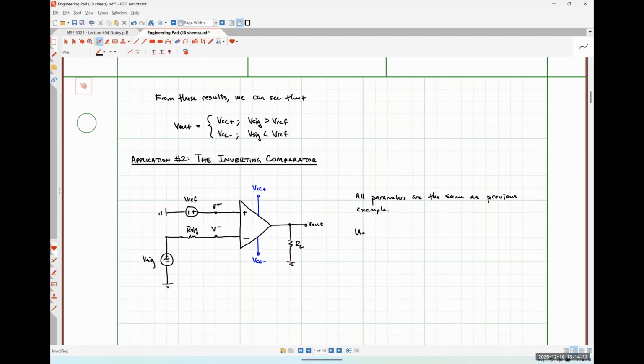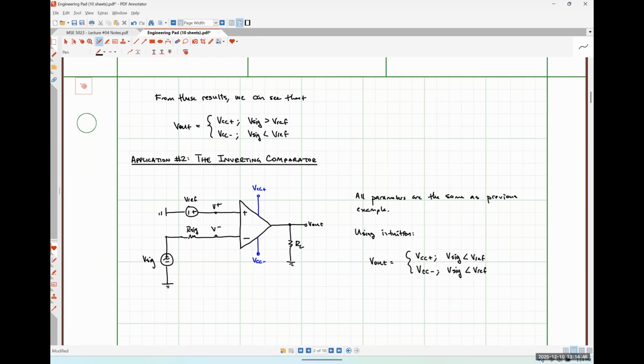So I'm just going to put, using intuition, this particular circuit will have an output of VCC plus when VSig is less than VREF, and it will have an output of VCC minus when VSig is greater than VREF.